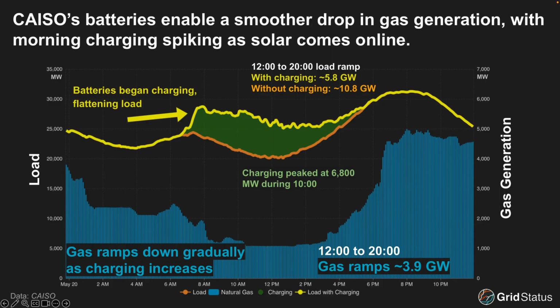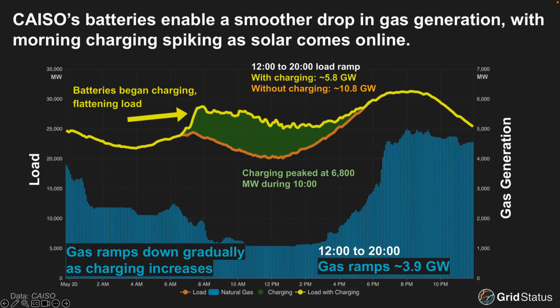Okay, so, mentioning visually some of this idea about storage and the kind of services it has been able to provide. This is data from CAISO that the company Grid Status put together, where we look at the smoothing of gas generation thanks to a lot of the utility scale storage that has been installed over the last couple of years.